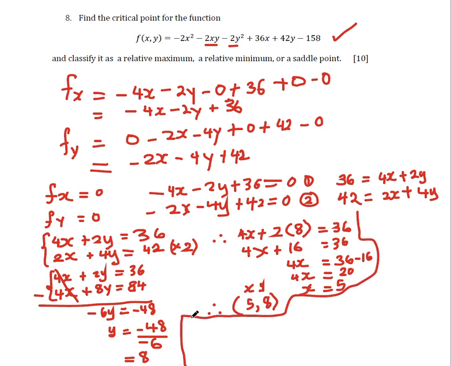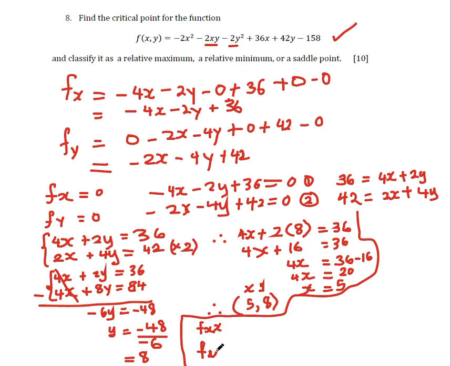The other thing that we have to do now is to make a determination as to whether this coordinate, (5, 8), represents a relative maximum, a relative minimum, or a saddle point. To do that, we need to take some second derivatives. So we're going to find fxx, which means that we're taking a second partial derivative with respect to x.